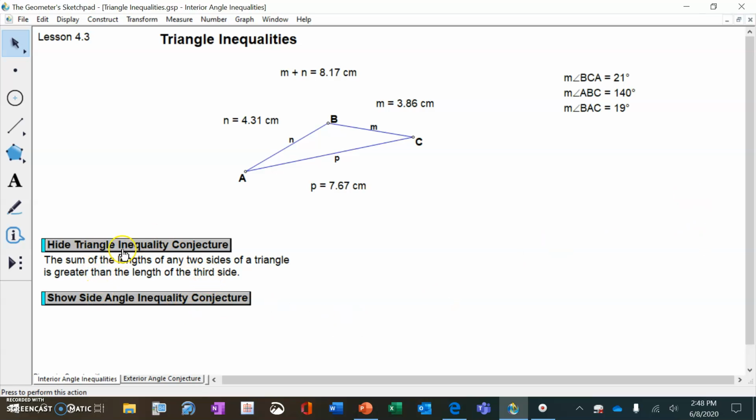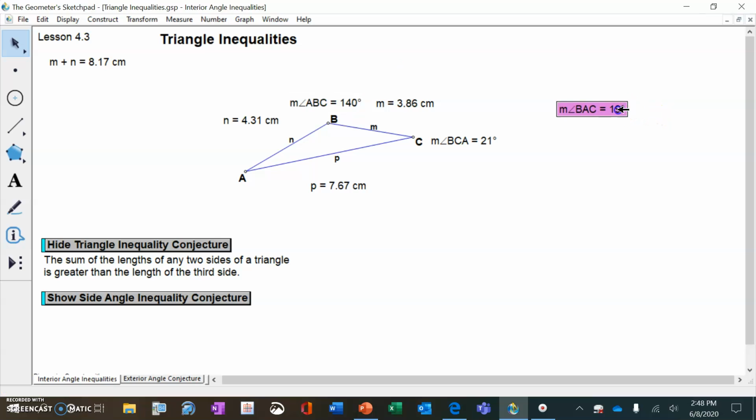Okay, so I will now look at the next part. The next part says, what is the relationship between the angles and the sides in a triangle? So I'm going to get rid of this sum. I don't care about that anymore. And I'm going to bring these angles over. So BCA is here, ABC is here, and BAC is there.